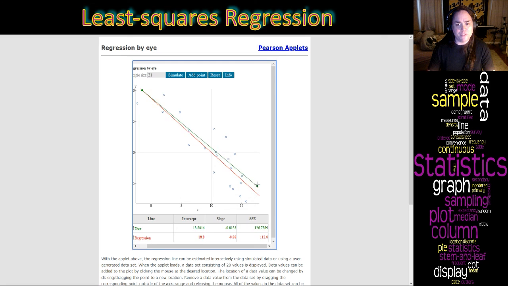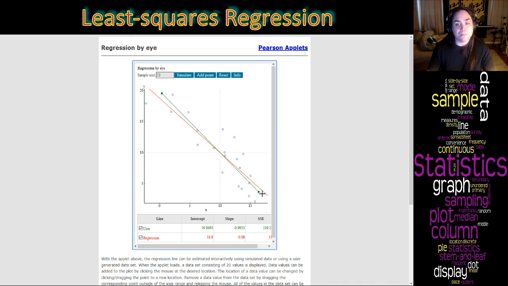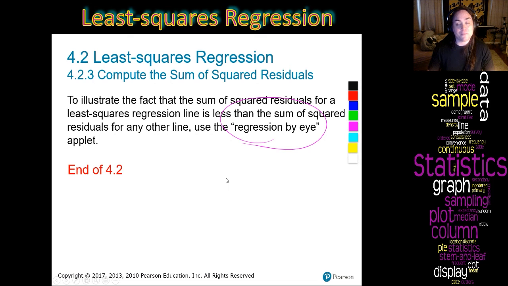I can move this green line anywhere I want, but I'm never going to get a line whose sum of squared residuals is less than the regression line. That red line is the perfect line. There is no better line to use. And that's all this says. You can play with that to your heart's content and see if you can find a better line.